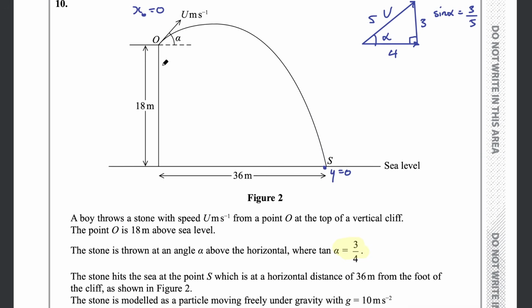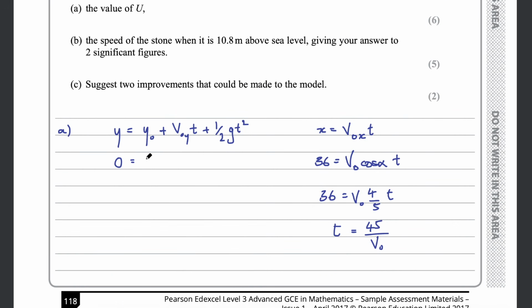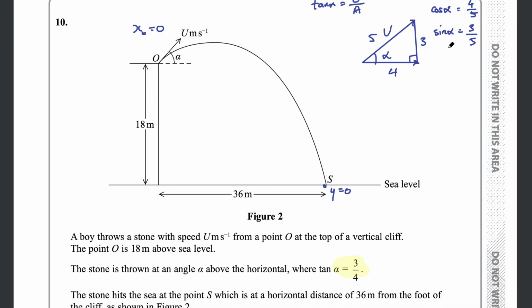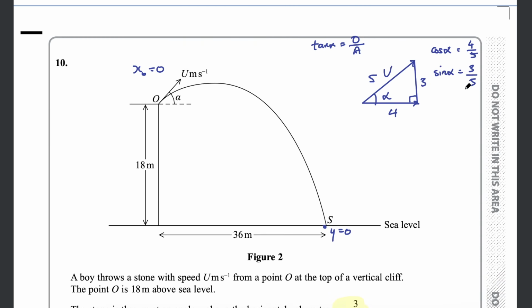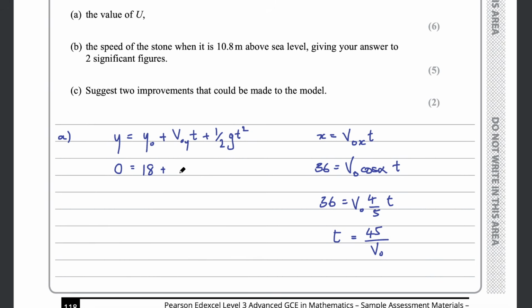Remember, we started at the top of this cliff, y equals 18. So that's going to be 18. And we can do the same thing for this initial vertical velocity. Remember, we said that was sine alpha equal to 3 on 5. So this one here is going to be V0 multiplied by sine alpha times t plus half g t squared. I'll just leave those for now.